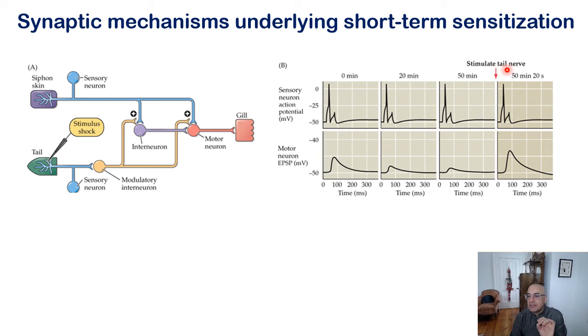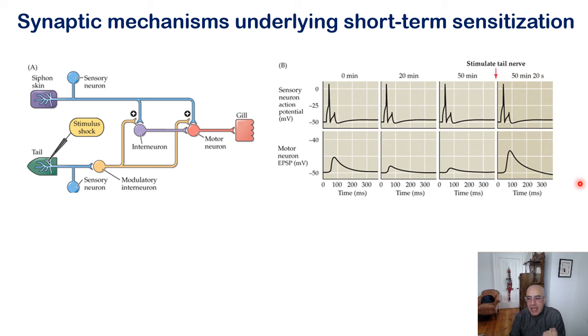When you stimulate the tail, through the action of this sensory neuron and this modulatory neuron, the synapse from this sensory neuron to the motor neuron becomes enhanced again. This is a modulatory induced facilitation of the synapse, and that increases the ability of this sensory neuron to activate the motor neuron. So it basically overcomes the synaptic depression.